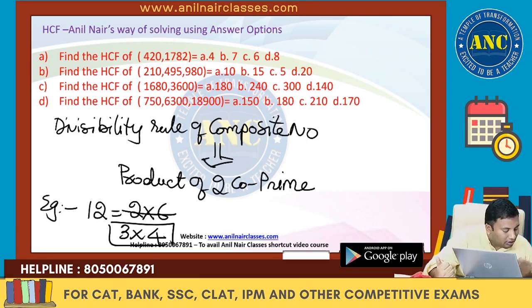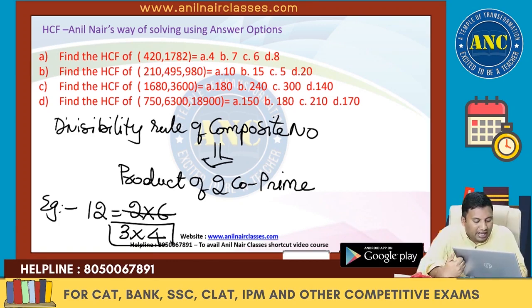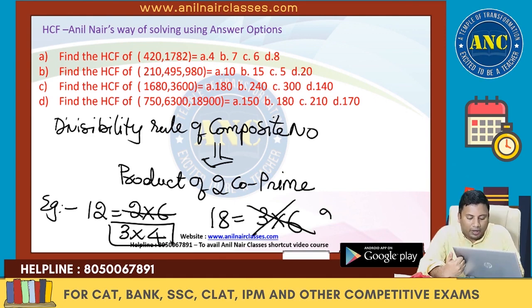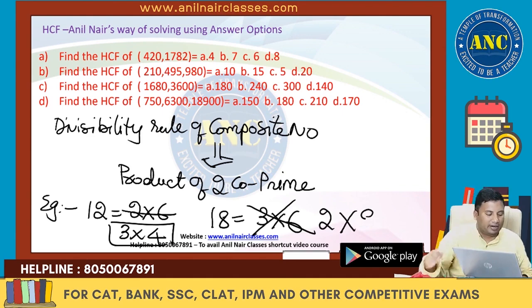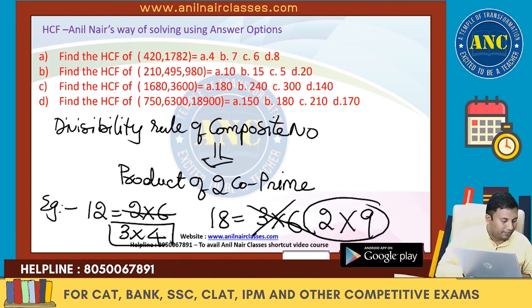So 18 cannot be written as 3 and 6 because they are not coprime. You should use the divisibility rule of 2 and 9. I hope you have understood the mistake you made.